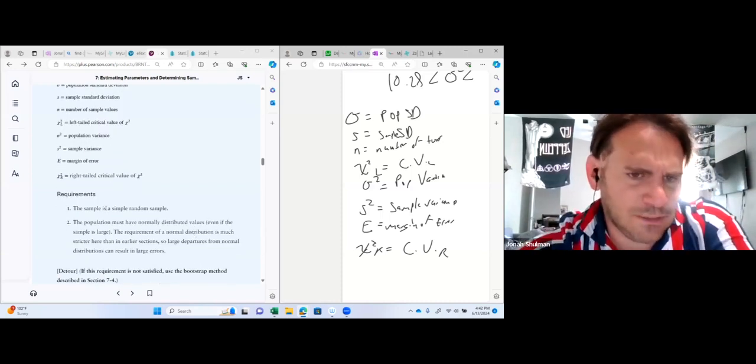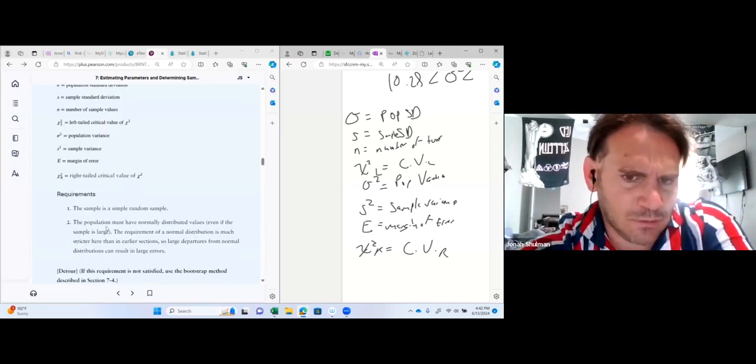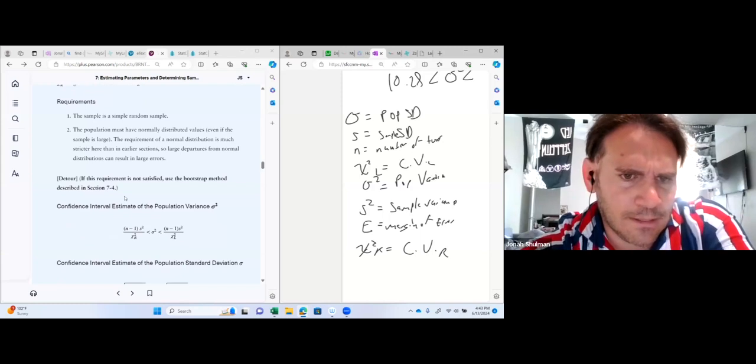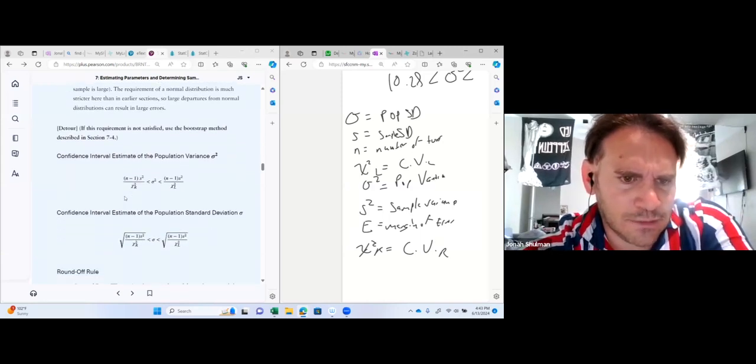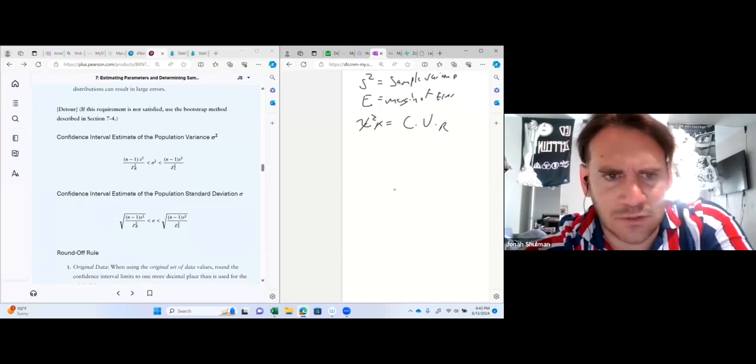All right, so we need a simple random sample, and it must be normally distributed, even if the sample is large. Okay, so this is stricter, so it has to be normal. All right, we've got our formulas for variance and for standard deviation. Okay, so here we go.